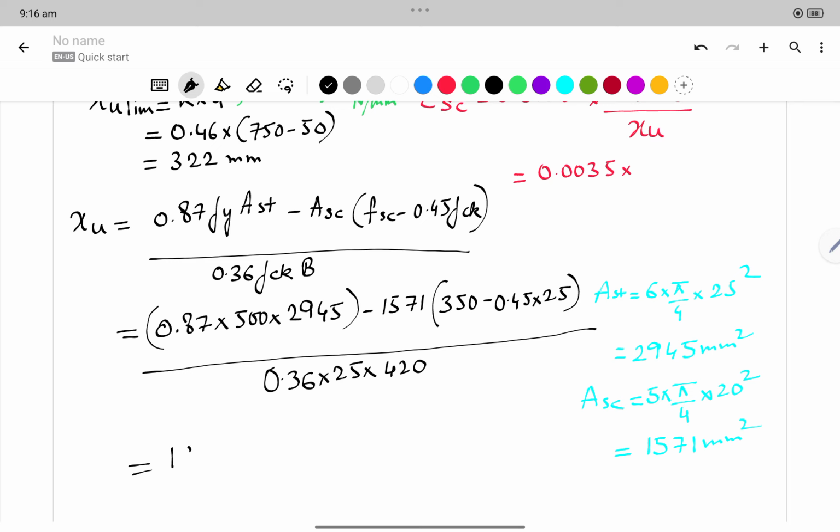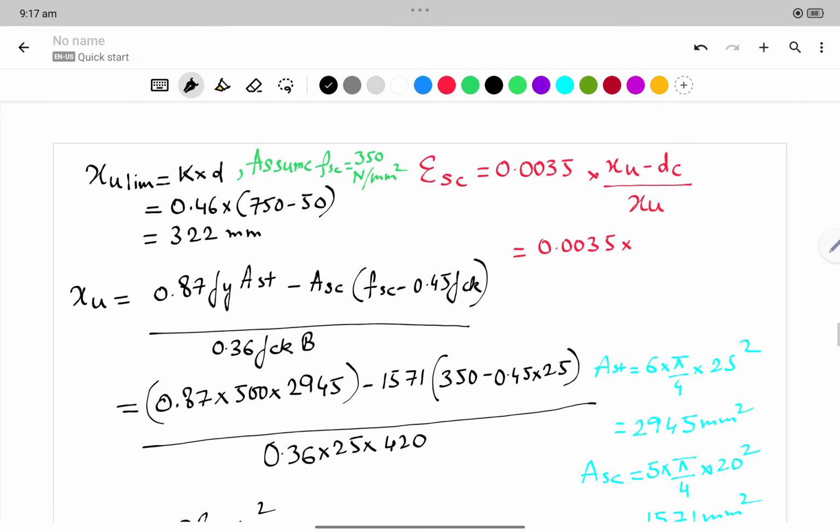Okay, 198 mm, XU. So now what we will do, we will just put it here.